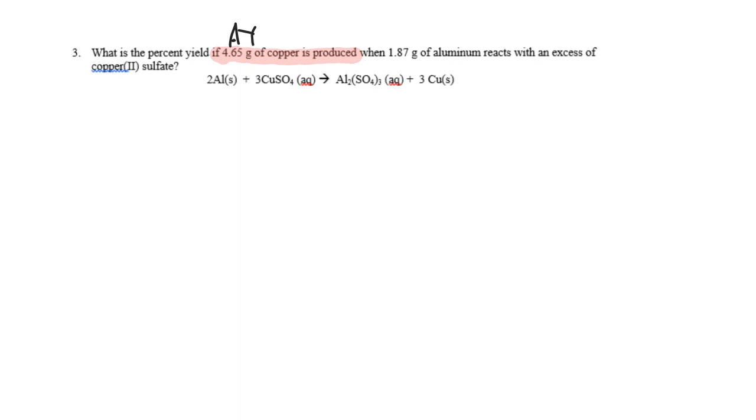And then it also says it reacts with an excess of copper-2 sulfate. So remember, when we're talking about stoichiometry, we don't need to do anything with that as part of the problem. It just means we have plenty of copper sulfate to react with the aluminum. So the only number I have left is the 1.87 grams. So that's my starting point.